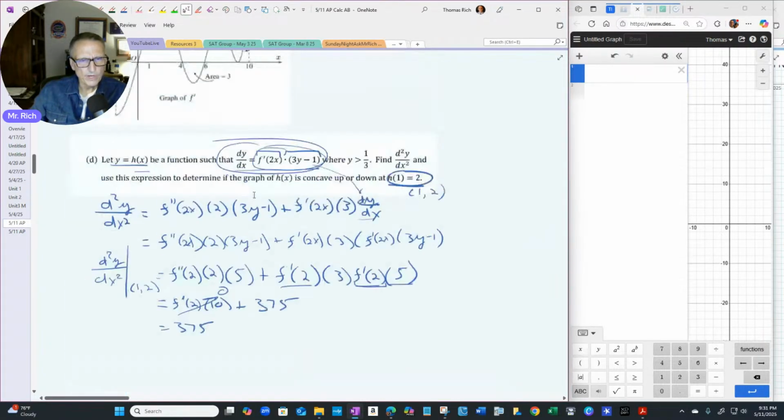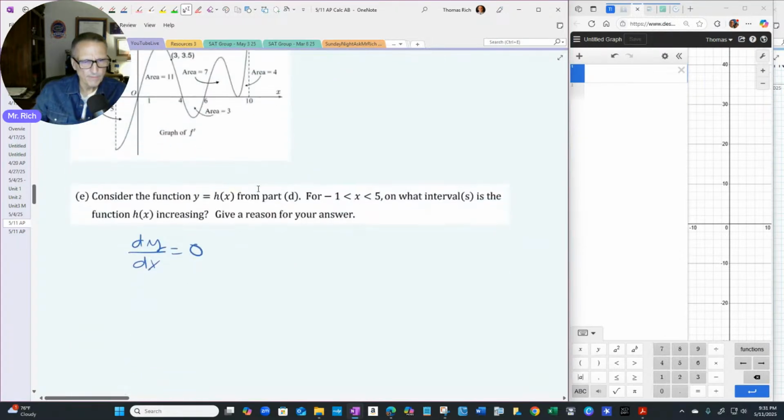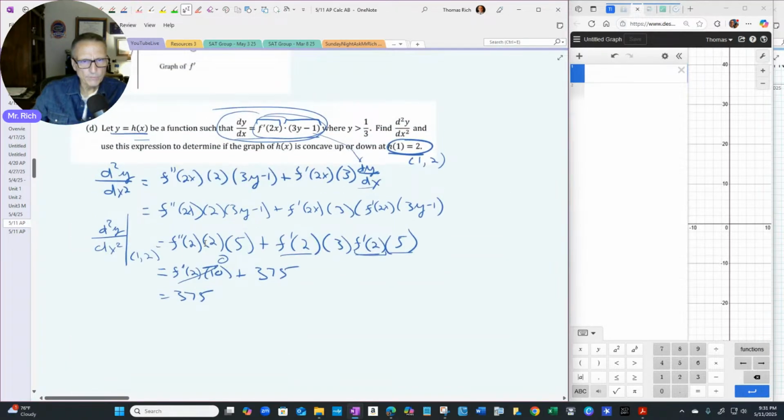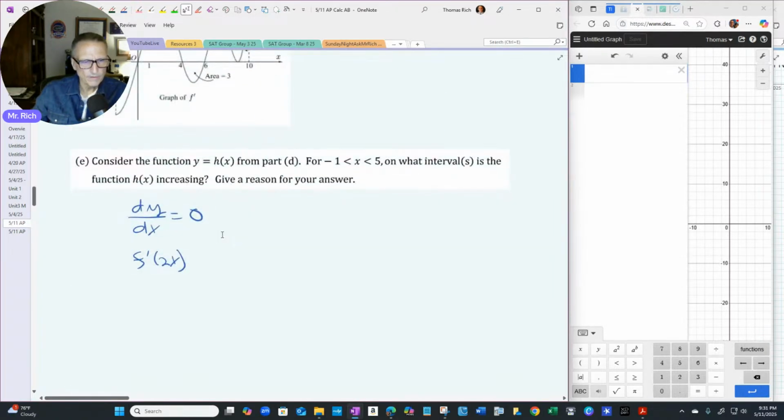So we want to know when is f prime of 2x, and then that was multiplied by 3y minus 1. So we're setting that equal to 0. So then what we would do is set the f prime of 2x equal to 0, and we'll set the 3y minus 1 equal to 0.